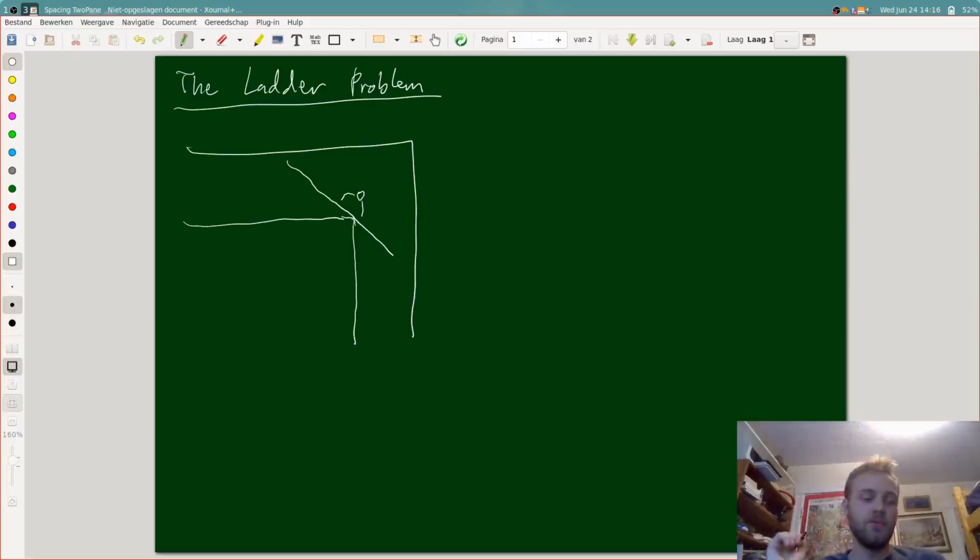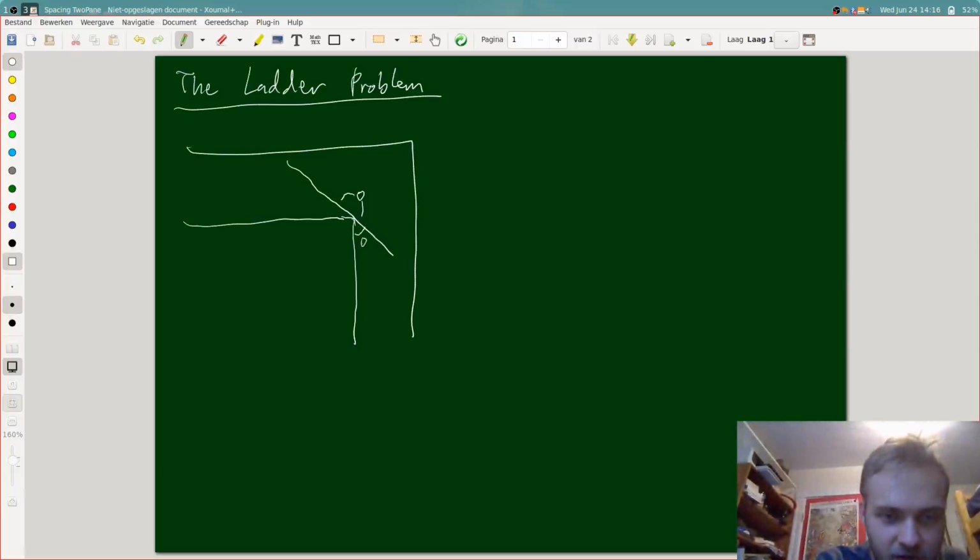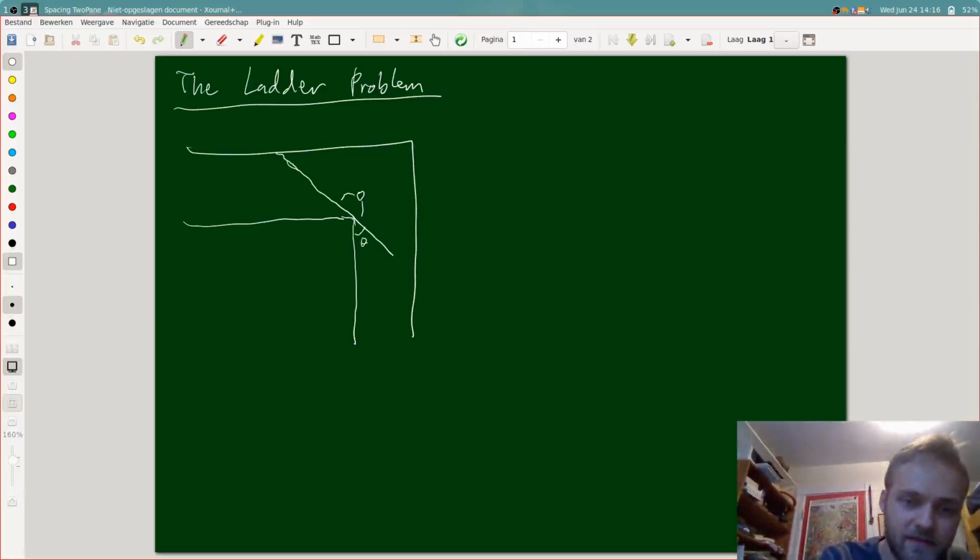Okay, so the first step is we gotta start putting numbers and symbols onto this problem. And in order to do that, we have to define mathematically what the largest ladder that can fit around this corner is. To do that, we say that at each angle theta, there's some largest ladder that can fit at this angle.